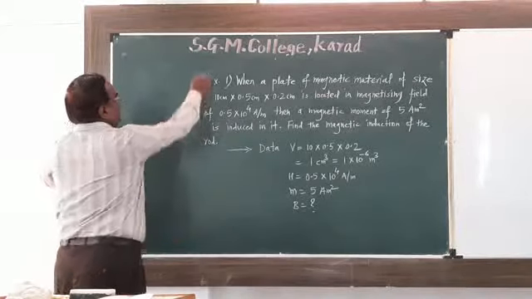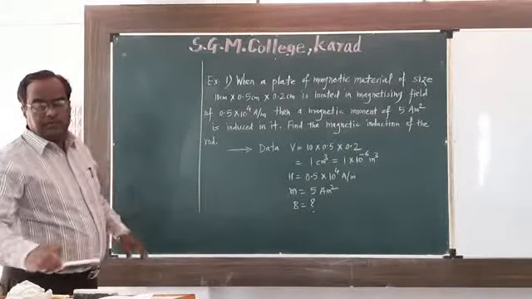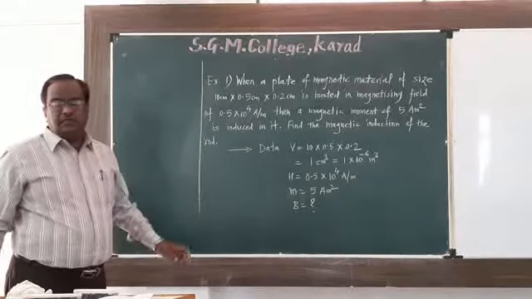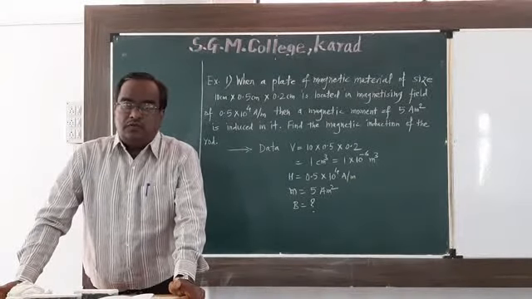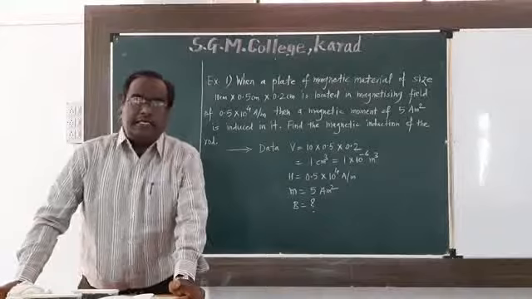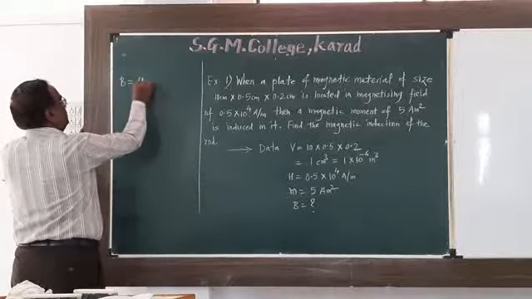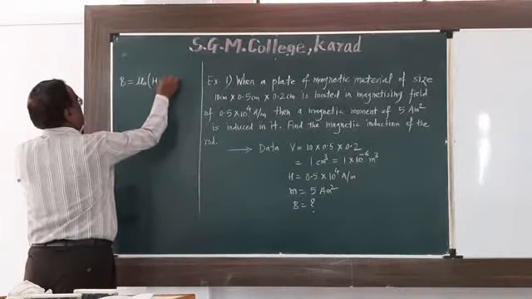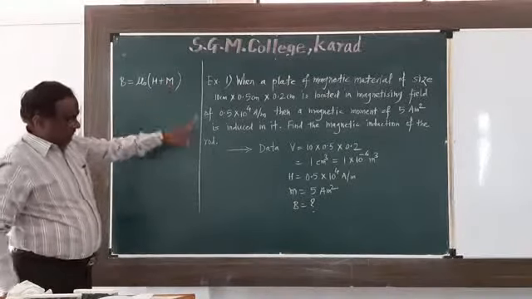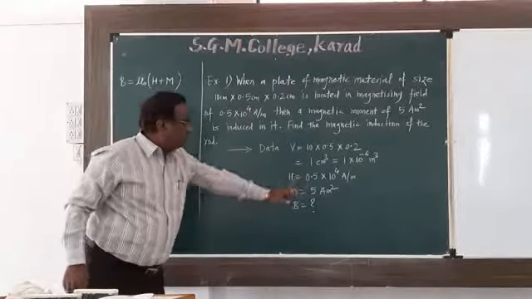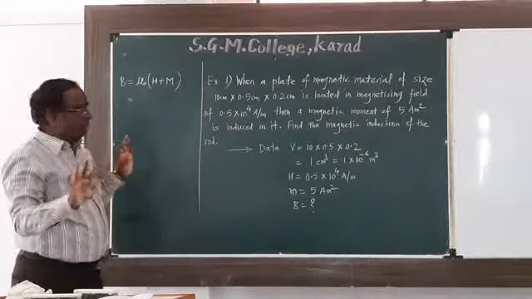Now, I will write here the formula to determine magnetic induction. What is that formula? We know that B is equal to μ0 (H + M). B is equal to μ0 into bracket H plus M. And this capital M is magnetization; we have been given small m. Here μ0 is the permeability of free space, a constant, we know that.